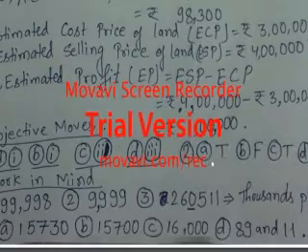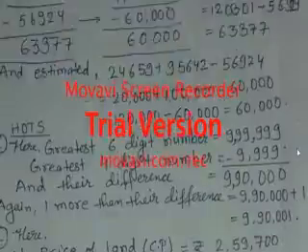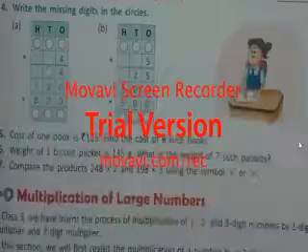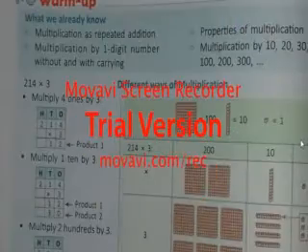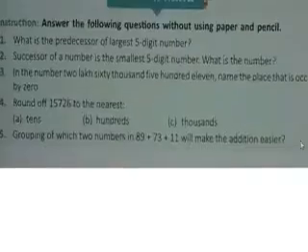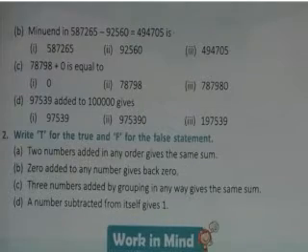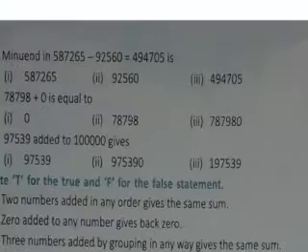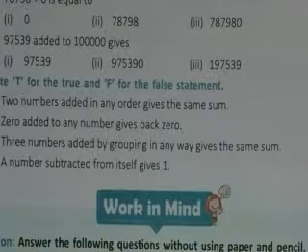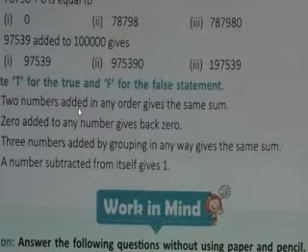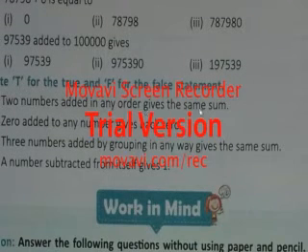Now if you see true false, true false, true false. Why is it true false, true false? Let's see over here. When you watch, then you can understand. So if you see over here, the statements are here. Two numbers added in any order give the same sum.